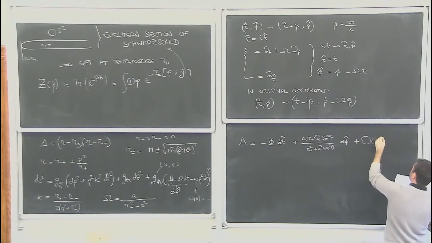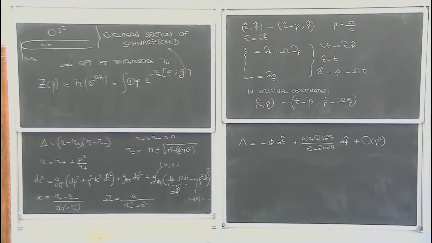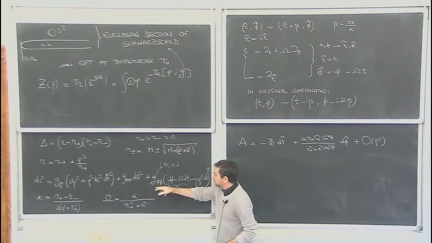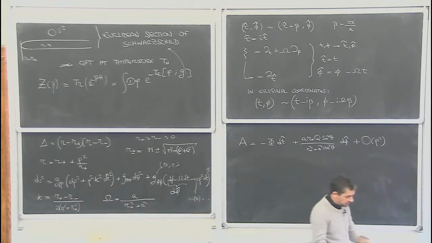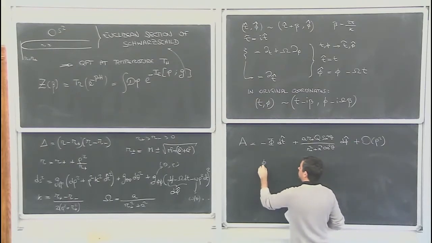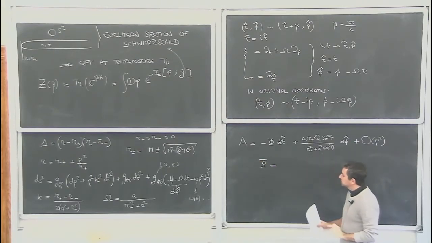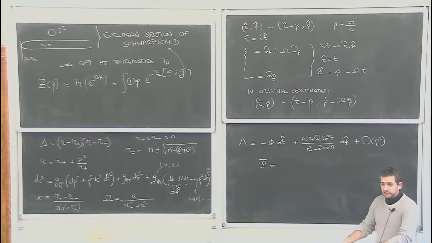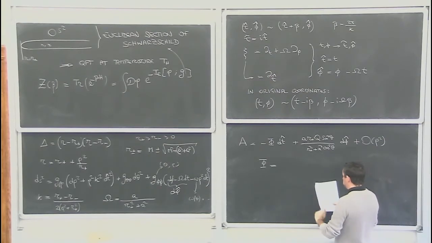Then there are all terms that are of higher order in rho. Again, I repeat, there are also terms of higher order in rho hidden in the different components of the matrix. And the Phi that you find here is not something I'm introducing by hand. It's what I get from this analysis.